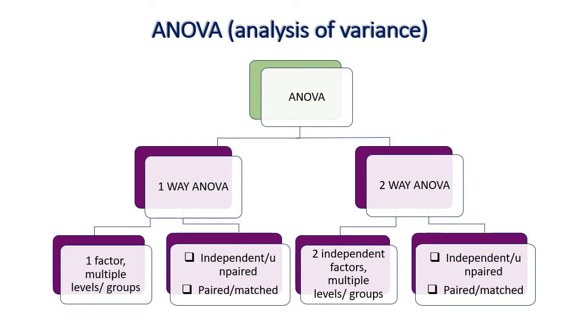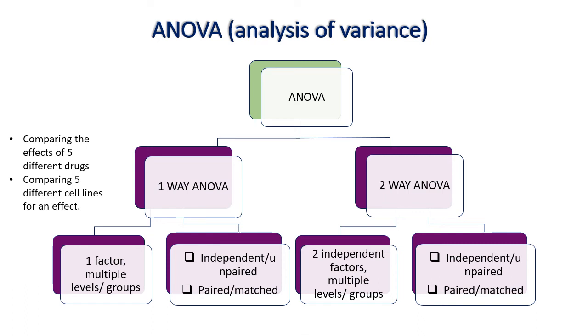If we were to cite an example for a one-way ANOVA, it would be like comparing the effects of 5 different drugs. So you have, say, 5 drugs, D1 to D5, and you have a set of values that you have obtained after treatment for each of the drugs, and you want to compare if there is any difference between the drug treatments.